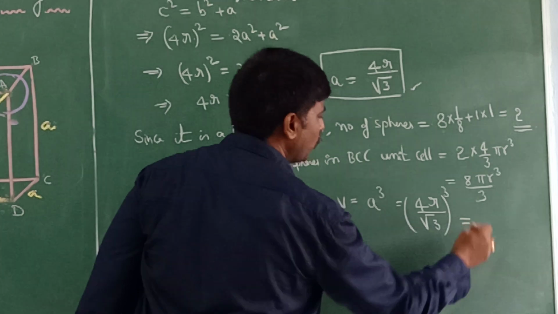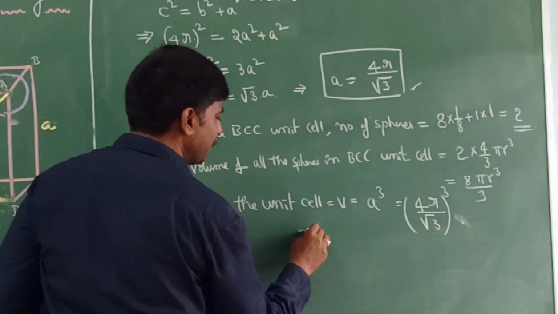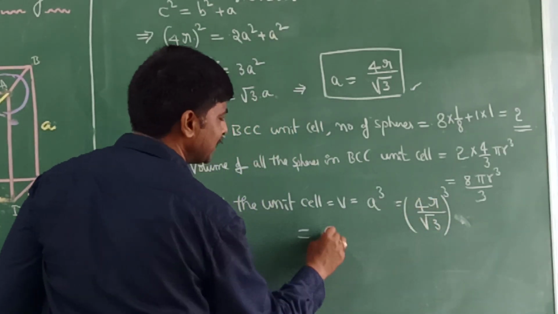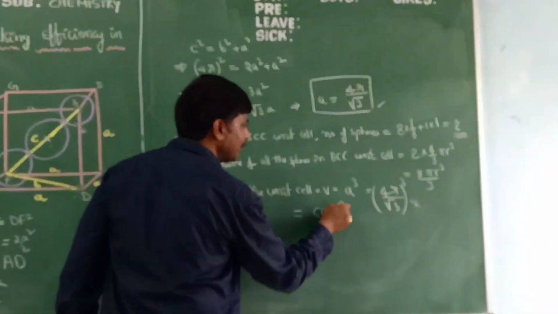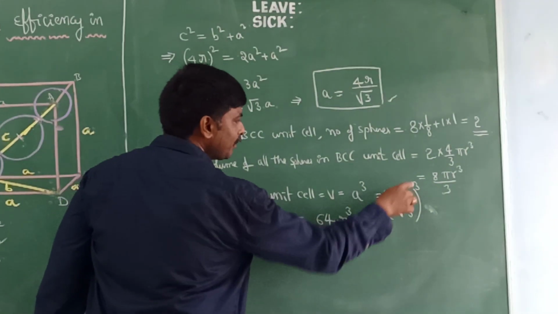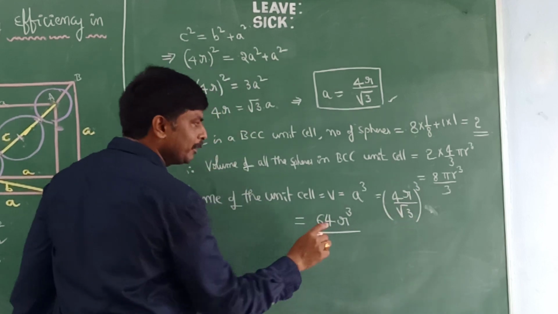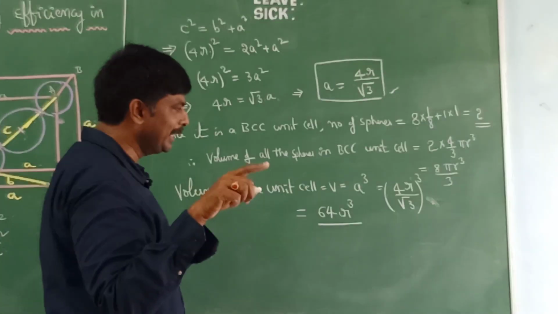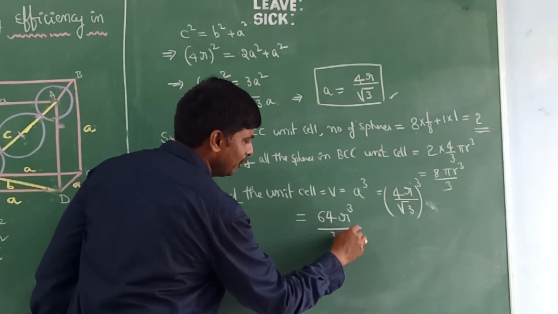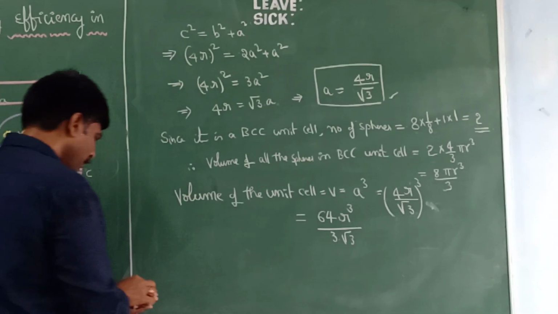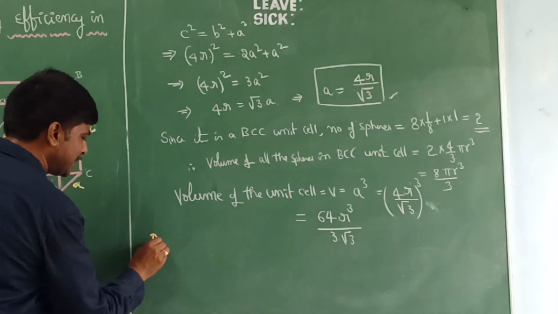You simplify this: 4 cube is 64, so 64R cube divided by root 3 cube. Root 3 cube means 3 into root 3.